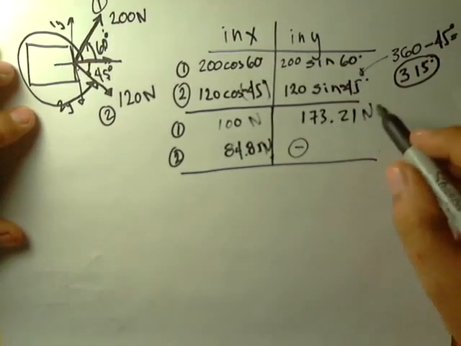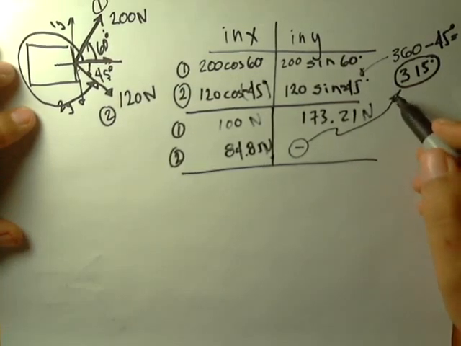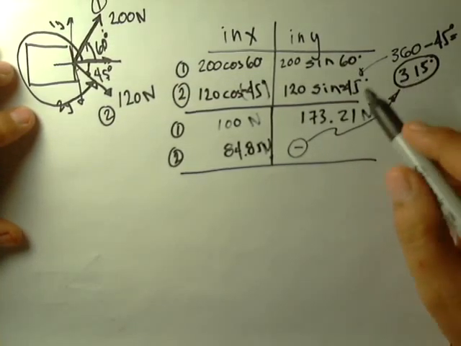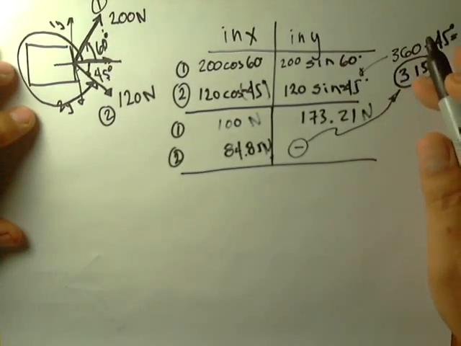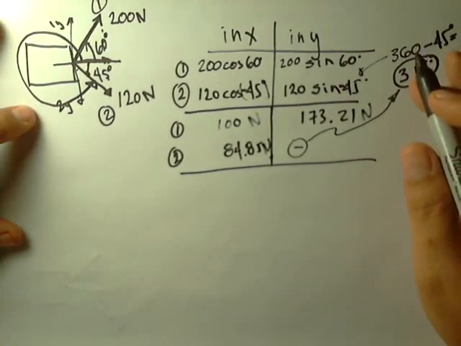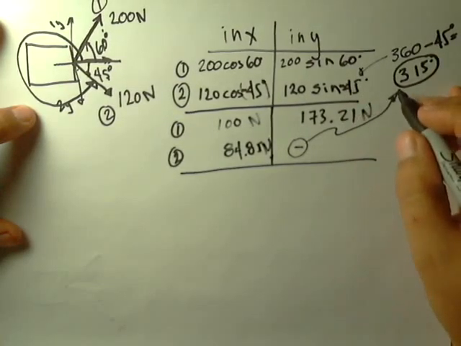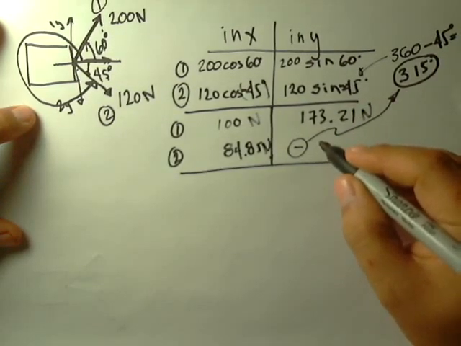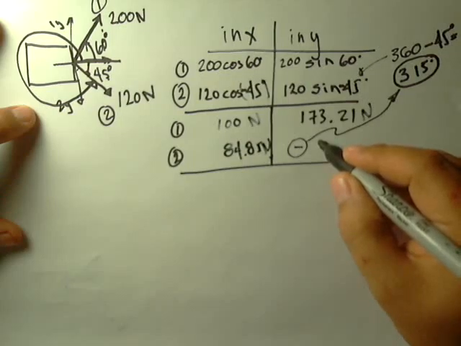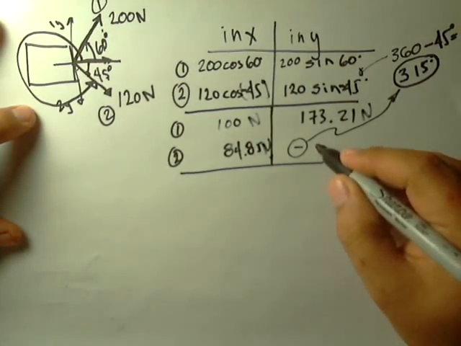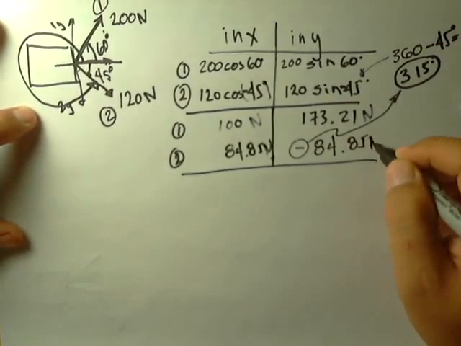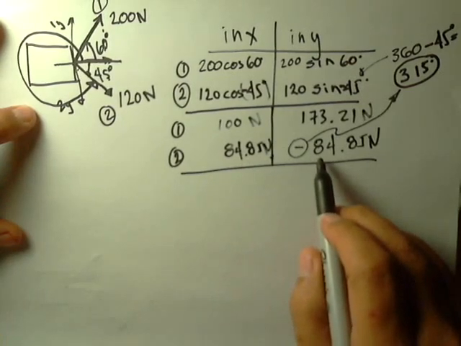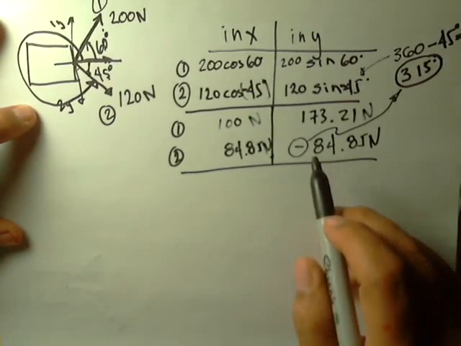Again, this sign comes either from putting that angle, and it will automatically be given to us, or basically with the other sign. I suggest you use this one again. Here we will have negative 84.85. Why this? Because it's 45, you have the same in x and in y. That's why we have that.